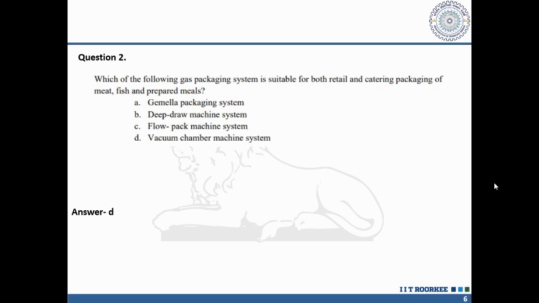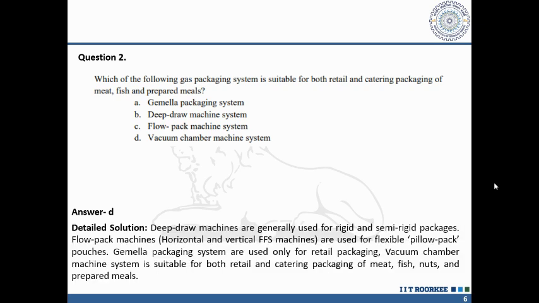There should not be any availability of oxygen, so it will not grow bacteria, and no contamination should be there, even after the packaging. So it will not grow any kind of bacteria or spoiling microorganisms inside the meat or fish. So that is mostly preferred for the packaging of meat, fish, and prepared meal.